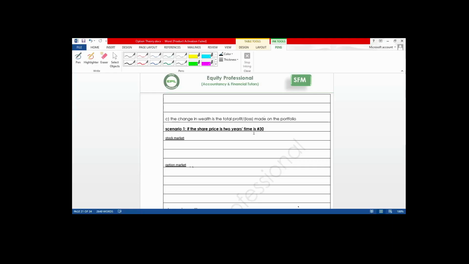Let me repeat that point. Please bear in mind, there are two markets involved here. We have the stock market, where investors buy shares or sell shares.